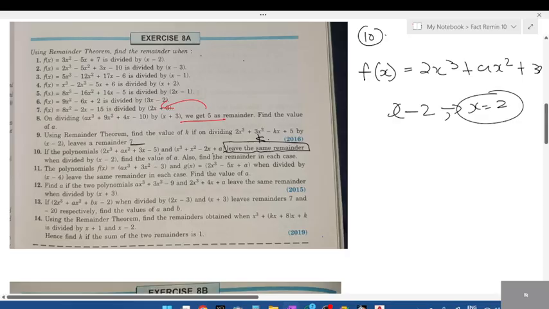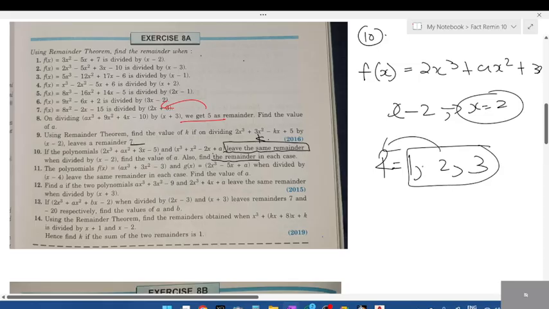When they tell us to find the remainder, is it remainder theorem or factor theorem? It's a remainder theorem. If the remainder is 1, 2, 3, definitely there is some value for the remainder. That's the reason they're telling us to find the remainder.